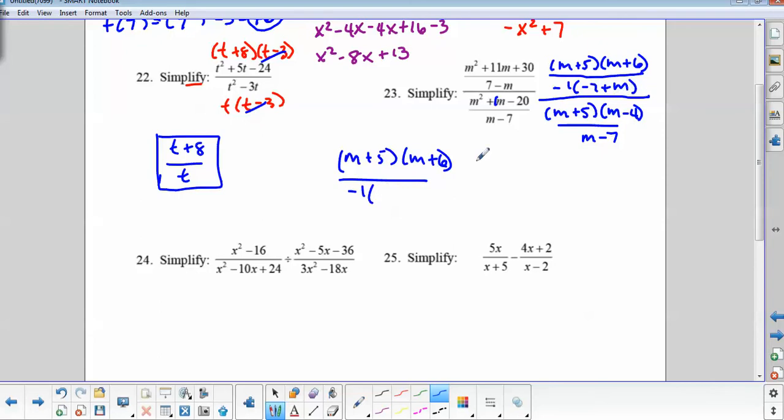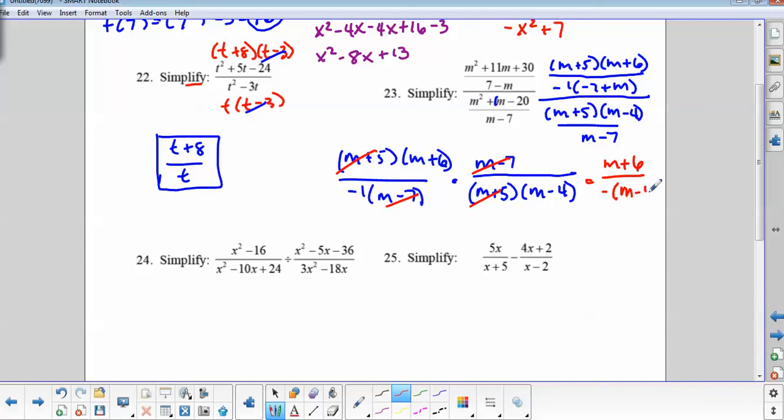Negative 7 plus m is the same as m minus 7, so you can see that they look the same here. Flip the second fraction, so here's your other m minus 7. And you have m plus 5 and m minus 4. So then m plus 5's cancel, m minus 7's cancel, and you have on top m plus 6, and on bottom you have negative 1 times m minus 4.